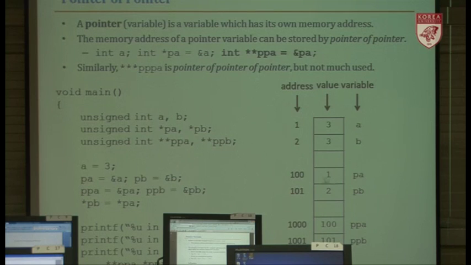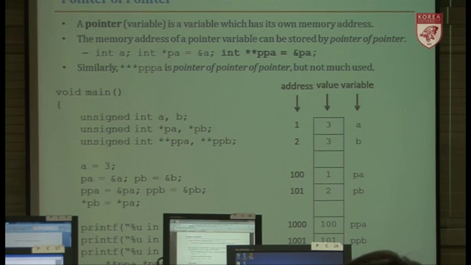Let's assume pa is assigned room 100, and pb is assigned room 101. Then we also declare ppa and ppb. The system assigns room 1000 for ppa and room 1001 for ppb when we declare. You got it? So that's our situation.